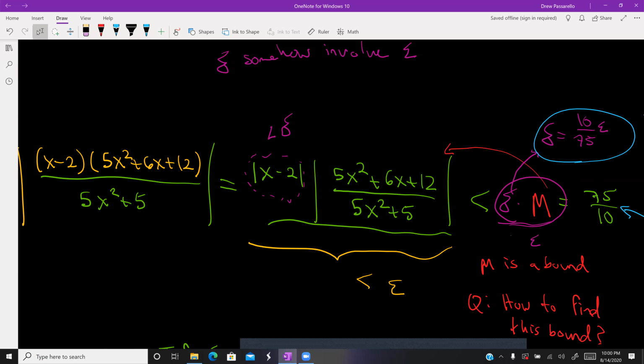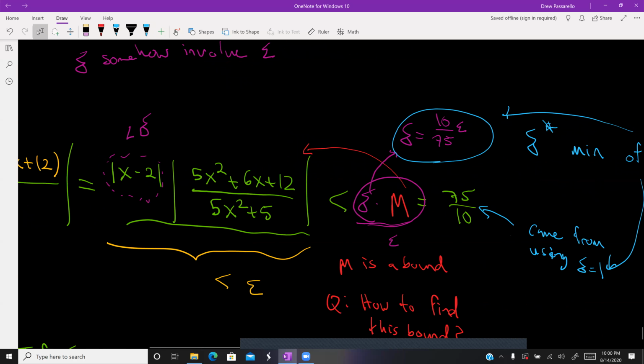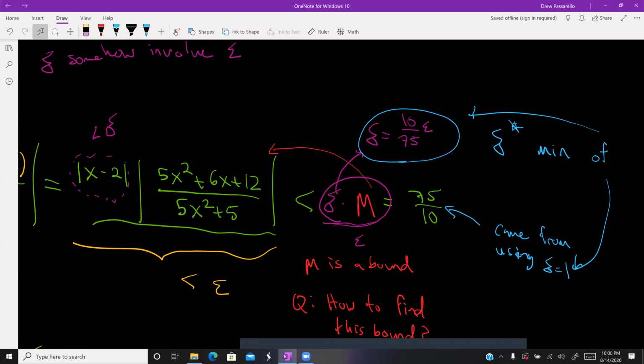So what we did was we found the biggest it could be, and the biggest it could be was 75/10, as far as guaranteeing that the absolute value of 5x squared plus 6x plus 12 over 5x squared plus 5 is going to be less than that 75/10.